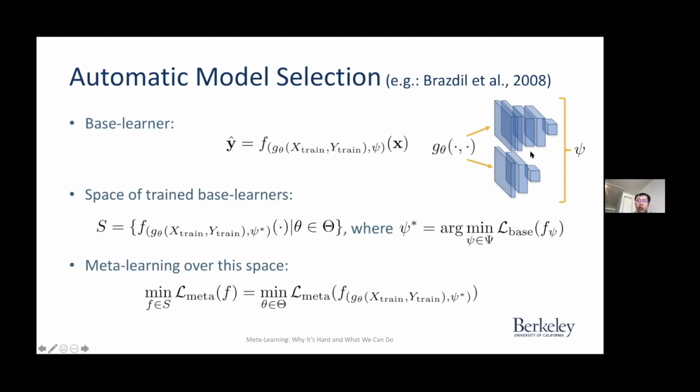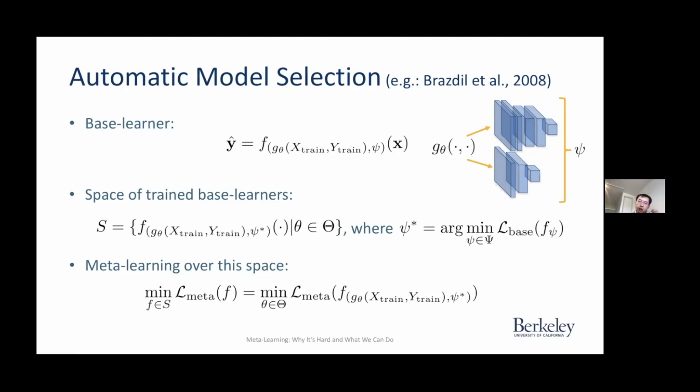Then you would have a meta model, G theta here, that takes in features of your training set and predicts which of the base models is going to perform the best on your data set at hand. So this is an example where you can use G theta to select the architecture that you actually use.